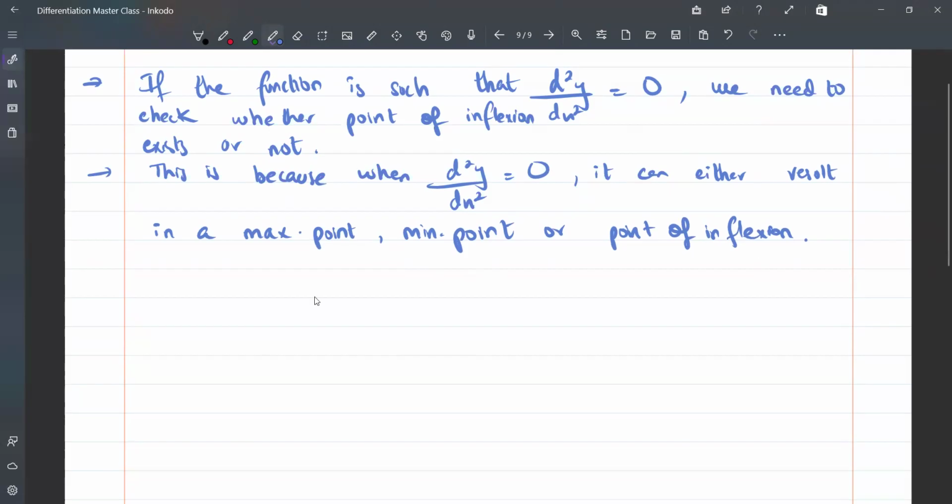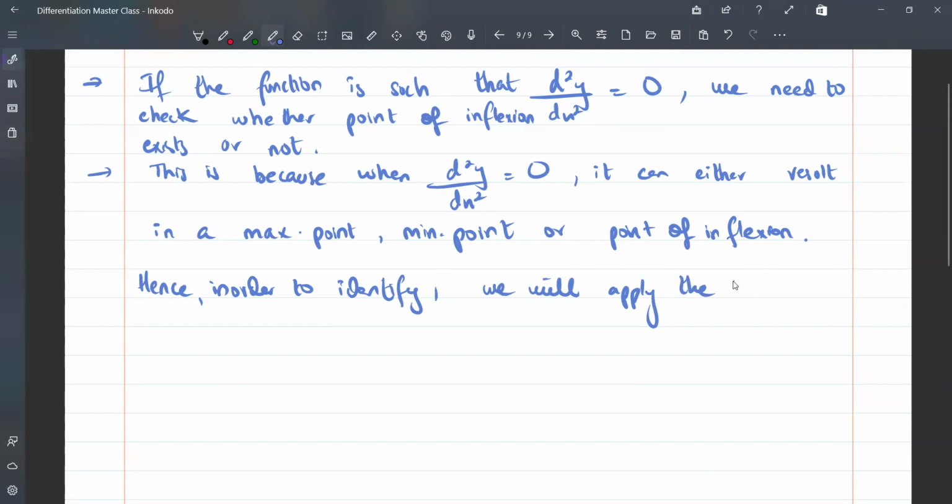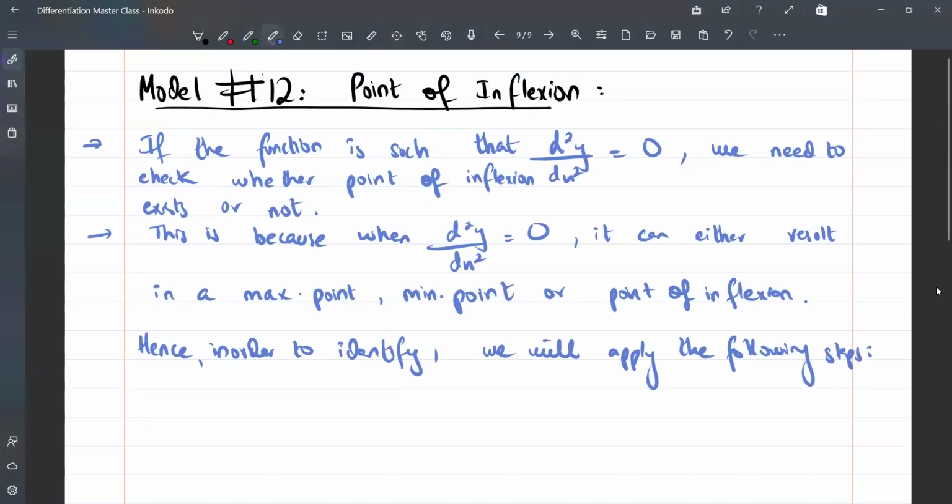Hence, in order to identify, we will apply the following steps. All right.